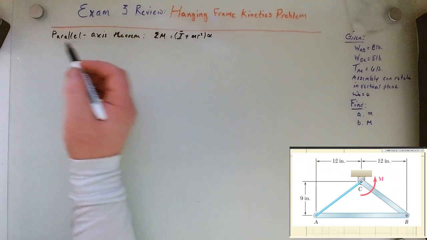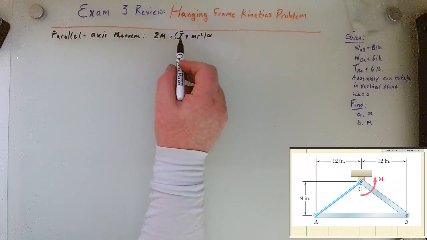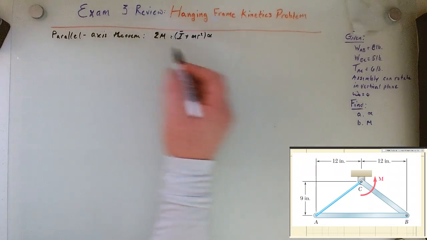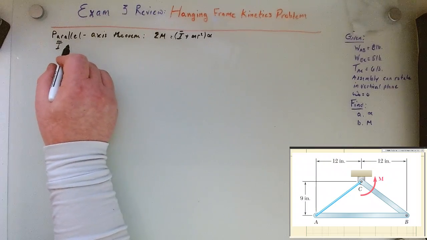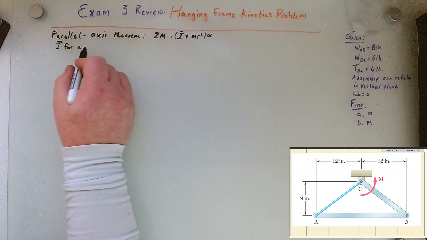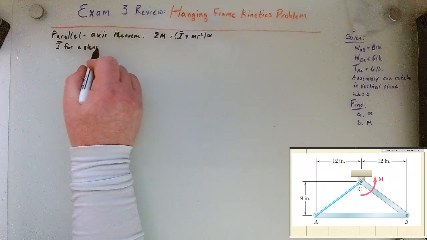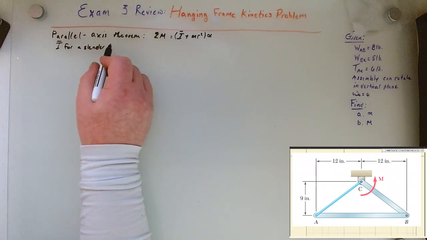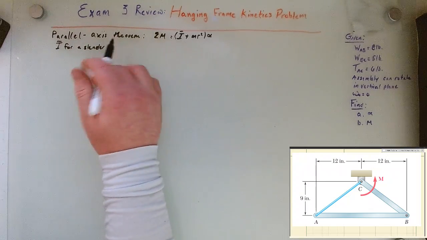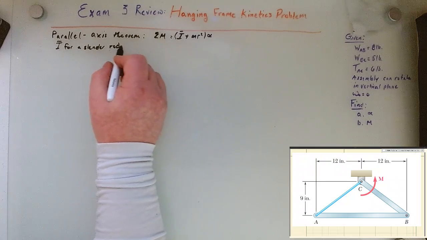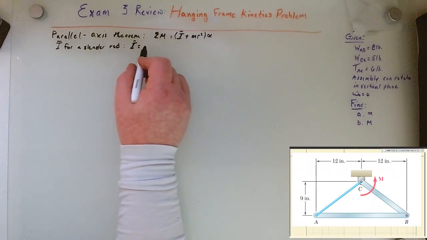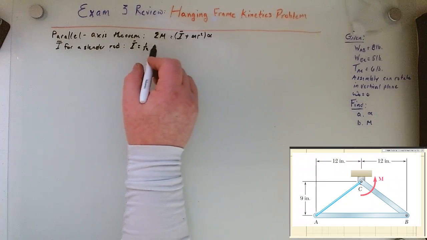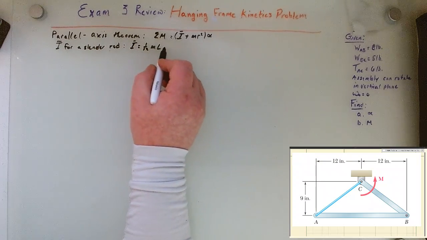The other thing is that we're going to need this I bar for a slender rod. So I bar for a slender rod, that is I bar equals 1/12 m l squared.